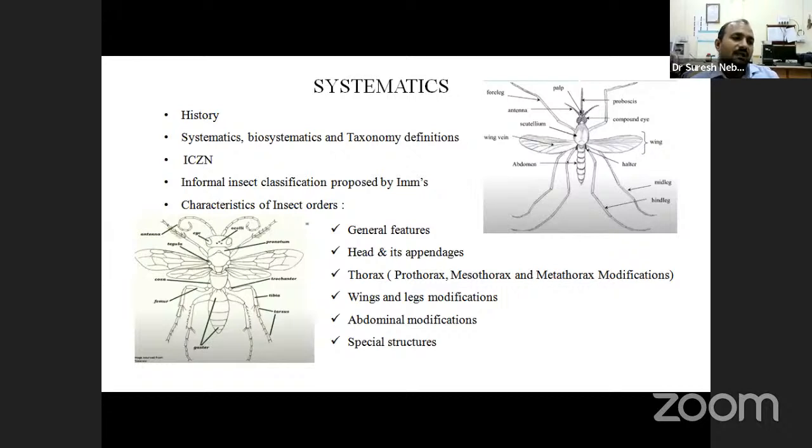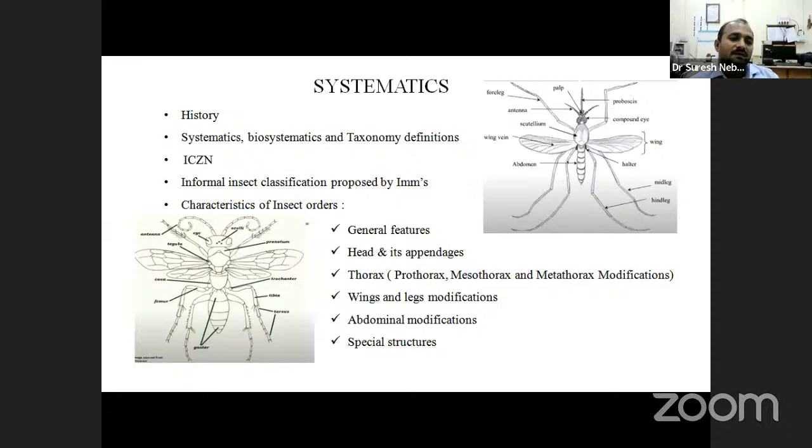In the Insecta book, they have given very clear and easy to understand points, and very important points they have covered. For each order, what are the synonyms? What is the meaning of that order name? Like Odonata, what is the meaning of Odonata, why that name is given, and is there any synonym for that order, that you should be aware about.